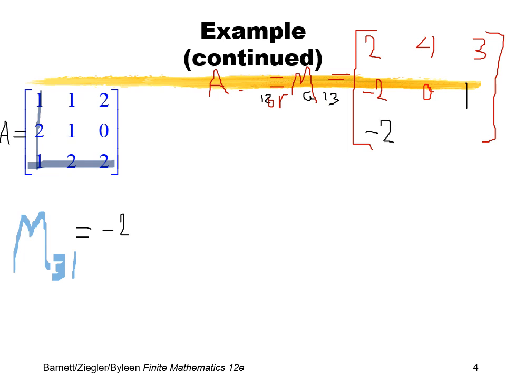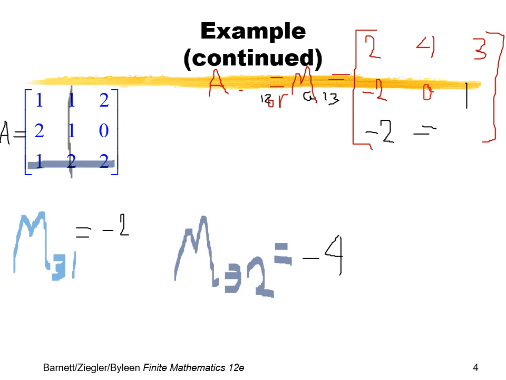Minor M32, we will cancel out the third row, second column. So we get 1, 2, 2, 0. 0 minus 4 equals negative 4.